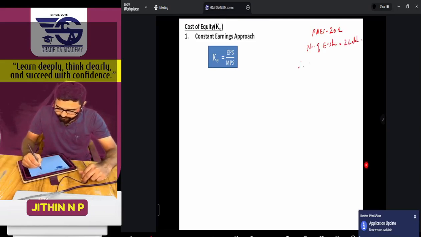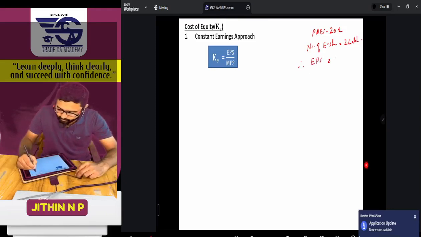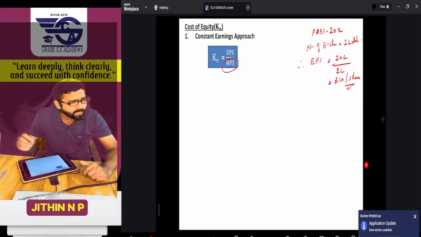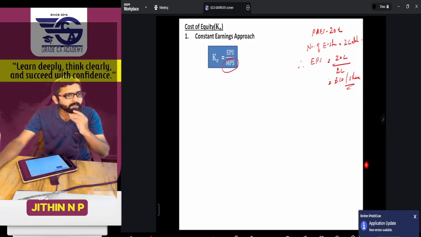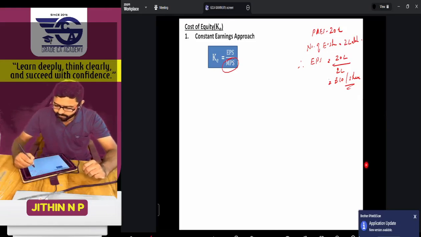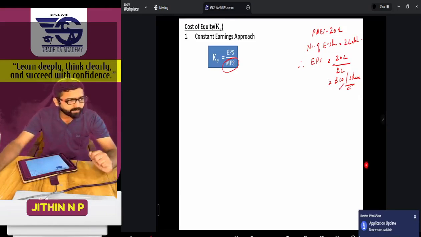Then EPS will be profit available to equity shareholders, 20 lakh, divided by 2 lakh equity shares, that is rupees 10 per share. MPS means market price of share. Suppose for one share my EPS is rupees 10.